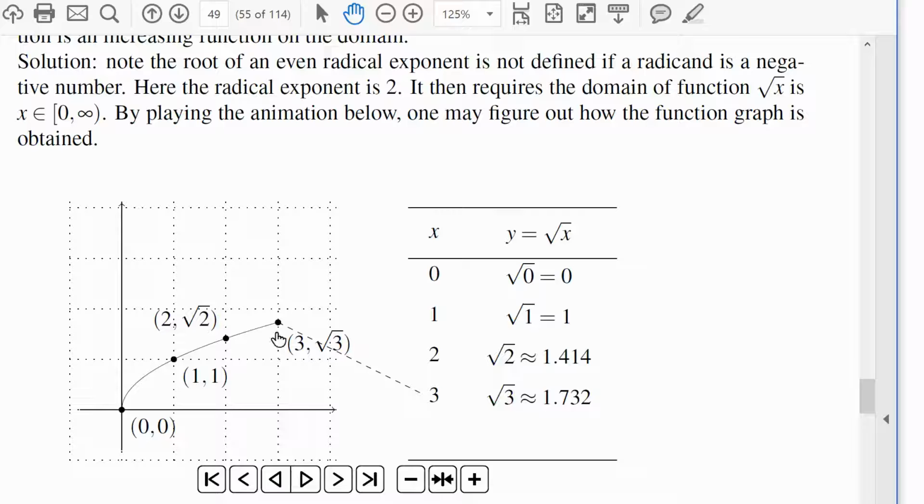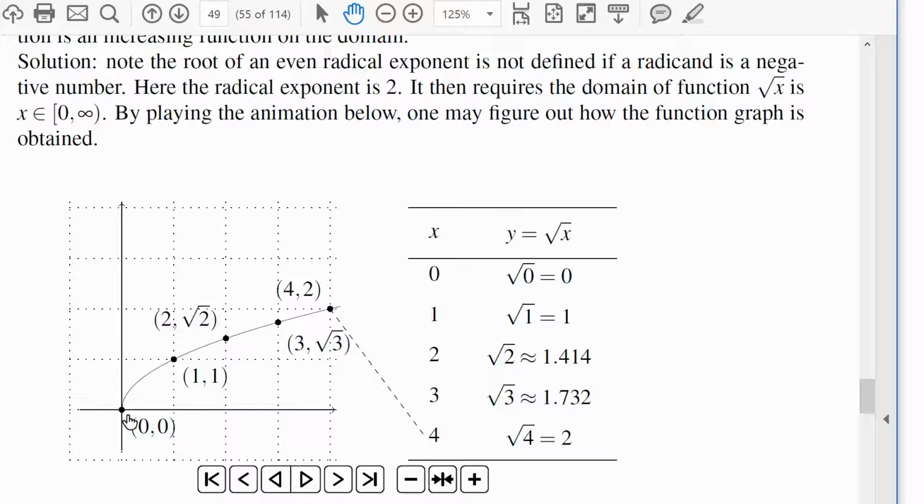At x equals 3, y is less than 2. 1.7 is less than 2, so it's lower. When x equals 4, plug in 4 here, you get radical 4 is 2. So 4, 2, this point is on the graph.